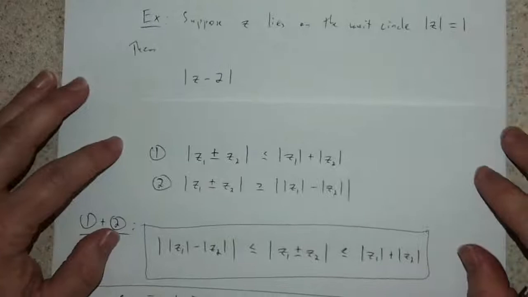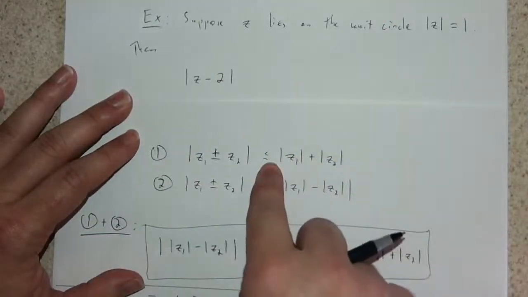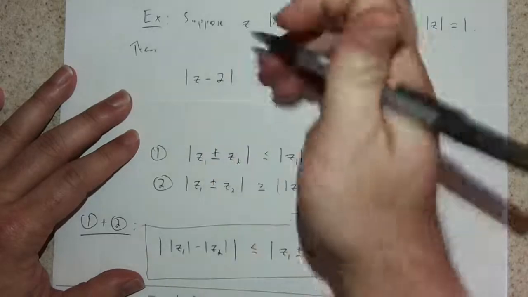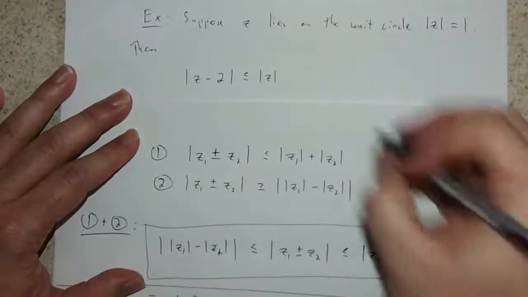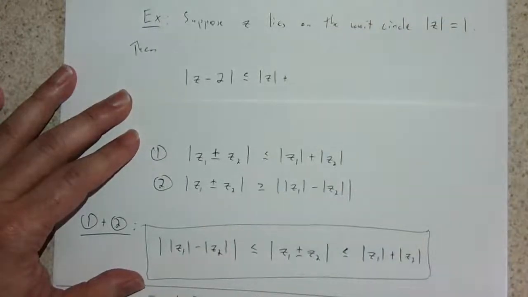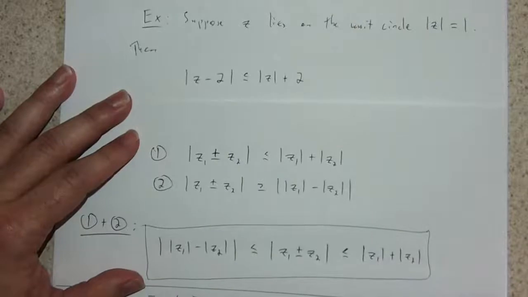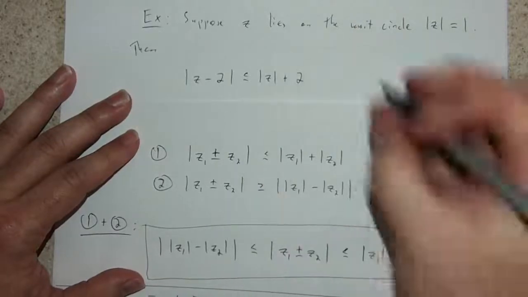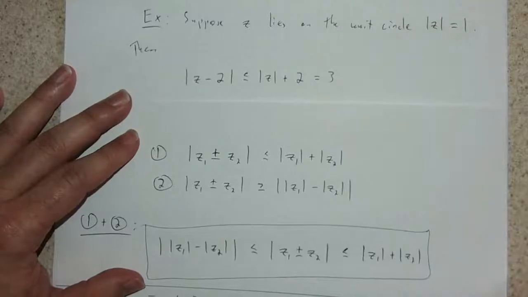So I know, for instance, by the triangle inequality, that this is less than or equal to the modulus of z plus the modulus of 2, which is just 2. But the modulus of z is 1 for z lying on the unit circle, so this is 3.